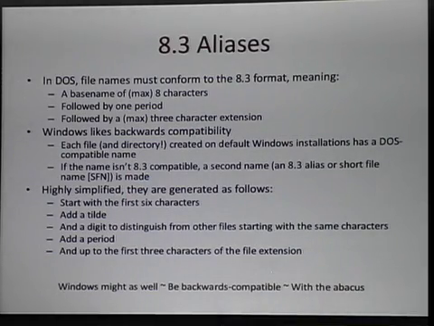Highly simplified, for time reasons, you take the first 6 characters of the file name, add a tilde, add a digit to distinguish it from its brethren which share the same 6 characters, and then throw on the first 3 characters of the original file extension. That's an important part. We'll talk about that in a sec.